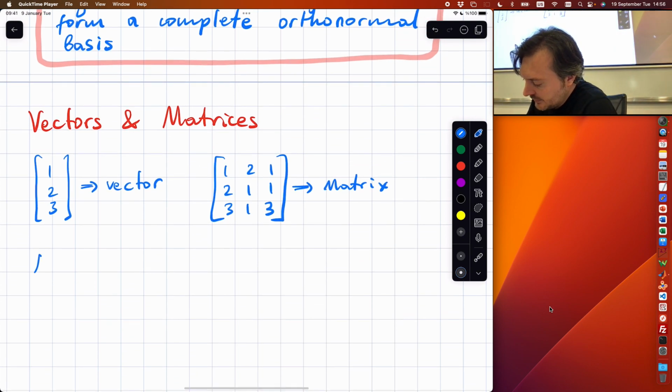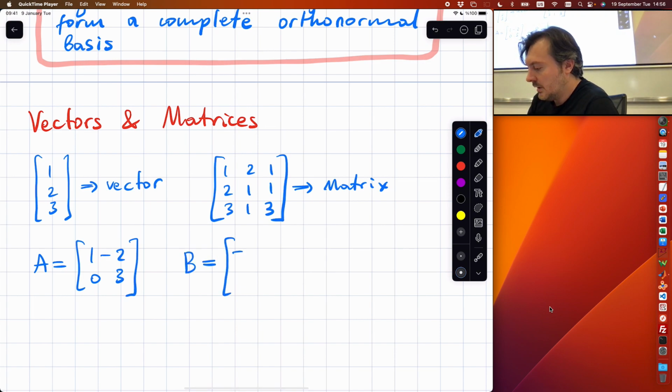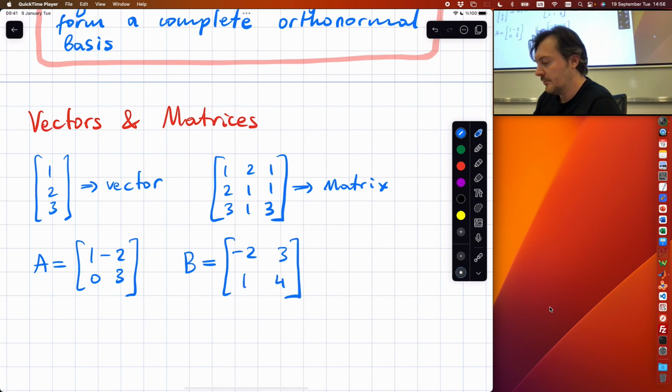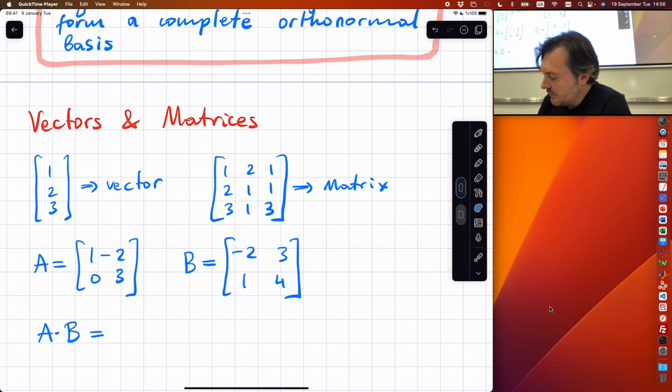let's do something. Let's say A is equal to 1, minus 2, 0, 3. Sorry. B is equal to minus 2, 1, 3, 4. Let's calculate A times B. Do you remember how to do this?